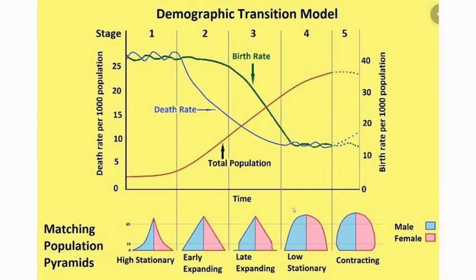Things that are a little more triangular, early expanding, late expanding, where the pre-productive populations are pretty stable. Low stationary is where it's shaped a little more like a curve, but indented differently than the high stationary. And finally, contracting, where the amount of young people is actually less than people who are older, and eventually that will pass through the population. There'll be fewer people.